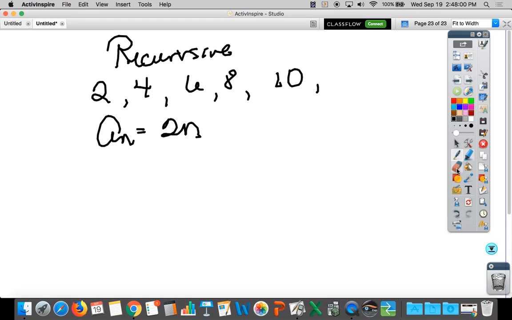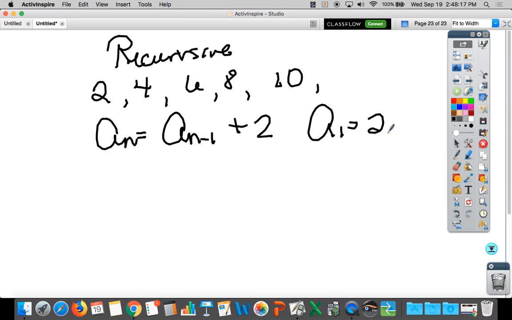But I don't want the explicit form, I want the recursive form. So we do a sub n equals, what am I doing to each one of these? Adding 2, so it's a sub n minus 1 plus 2, and you always tell me the first term in a recursive, because I can't plug in a sub 1.